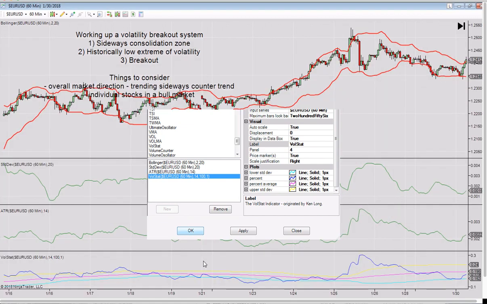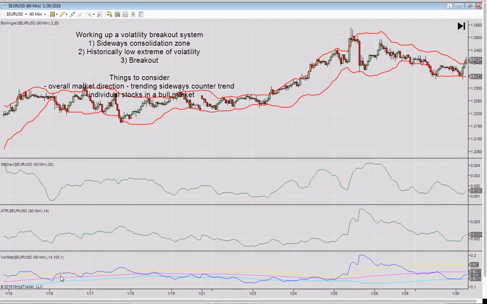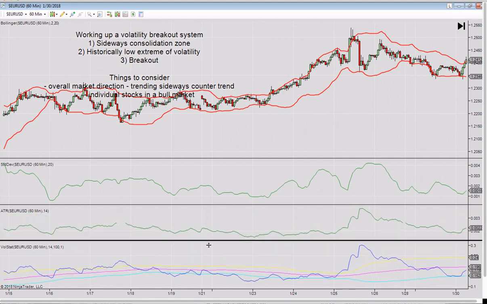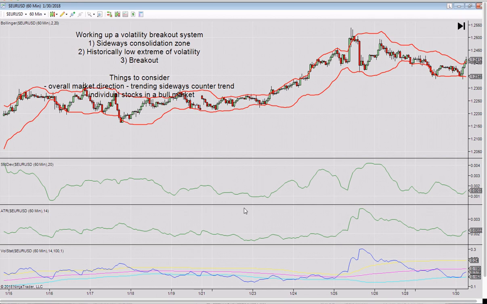What the Volstat indicator does is it puts a very long-term one standard deviation Bollinger over a normalized, percent-adjusted ATR, so it's an objective method of saying we're below normal volatility when we're below the purple line, and we're at extreme low volatility when we're in these periods. So you're looking for an extreme low volatility, then an uptick in volatility. All three of these methods would be totally fine, and there are other methods that would work too.